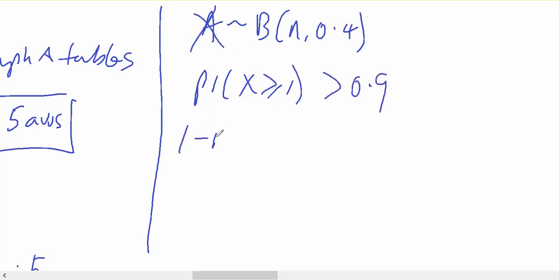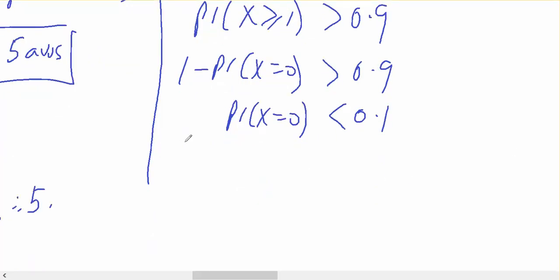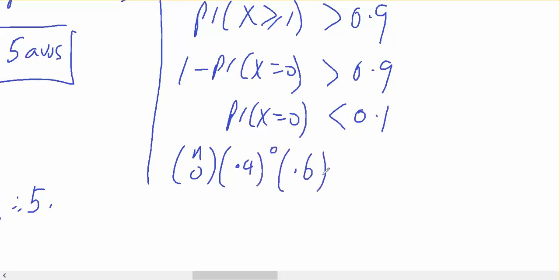That's 1 minus the probability that X equals 0 greater than 0.9, which means the probability that X equals 0 is less than 0.1, which is n choose 0, 0.4 to the 0, 0.6 to the n, less than 0.1. That's 1, so 0.6 to the n is less than 0.1.